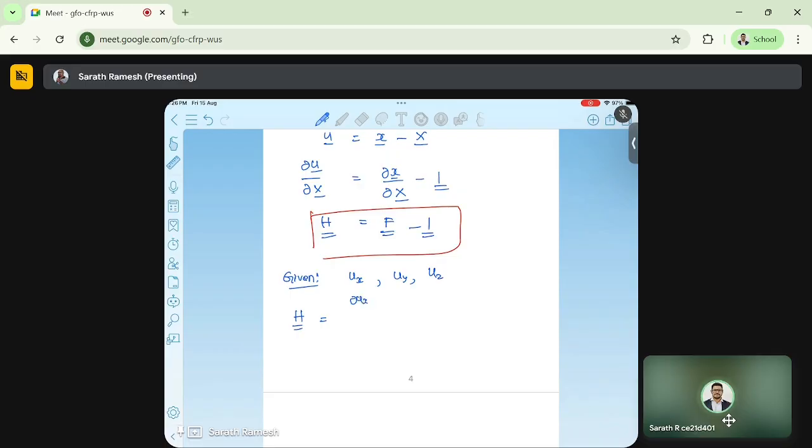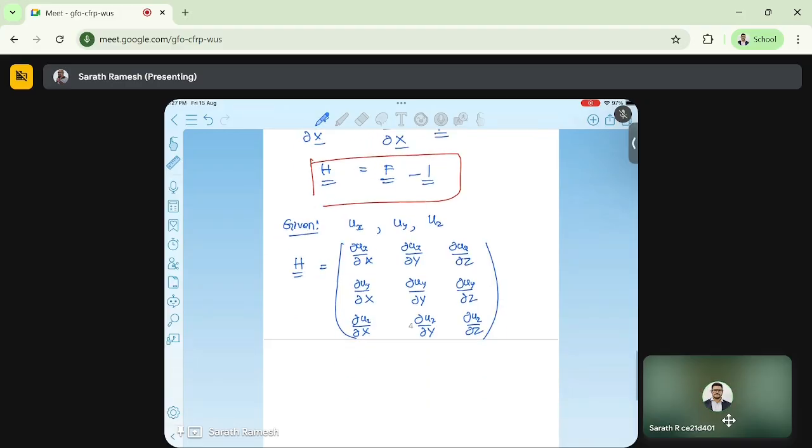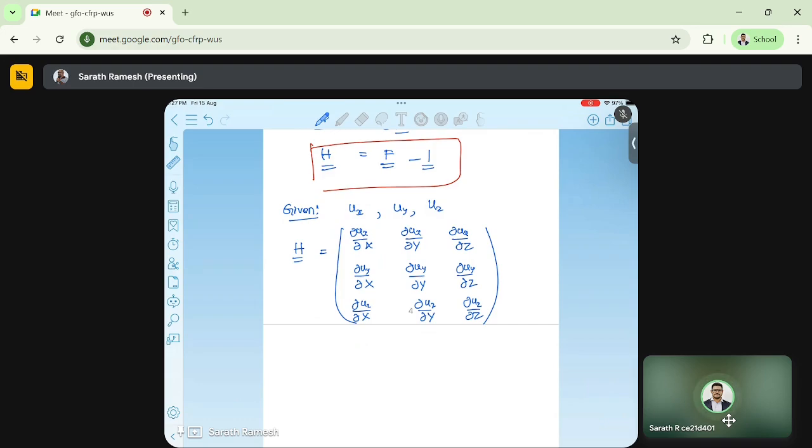So dou ux by dou capital X, dou ux by dou capital Y, dou ux by dou capital Z, dou uy by dou capital X, dou uy by dou capital Y, dou uy by dou capital Z, and dou uz by dou capital X, dou uz by dou capital Y, dou uz by dou capital Z. So this is how we actually compute the displacement gradient.